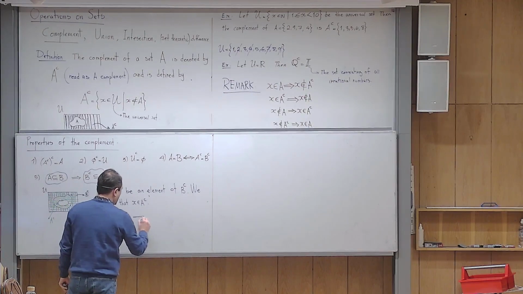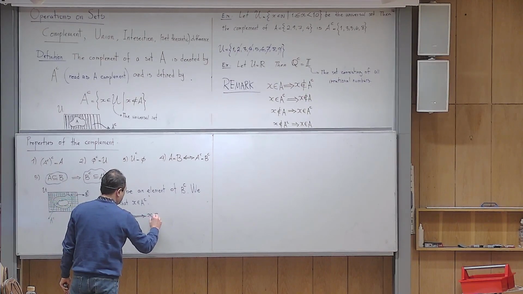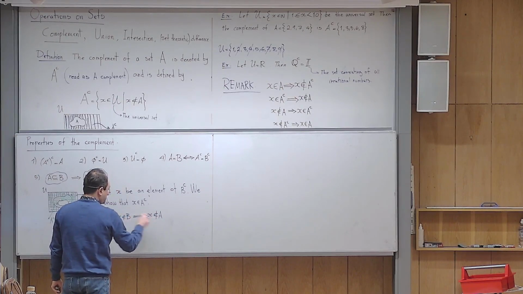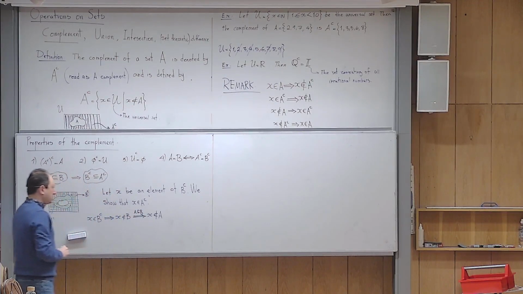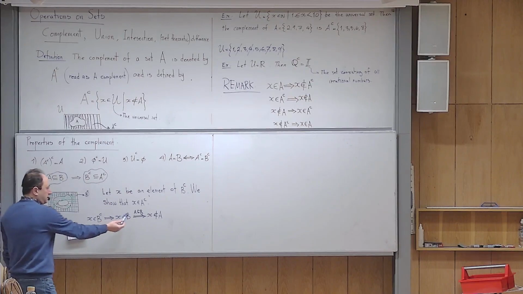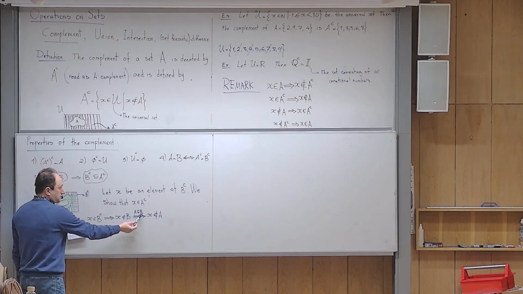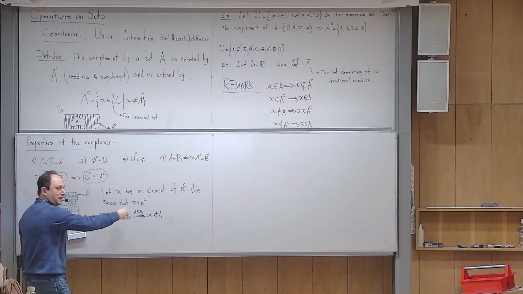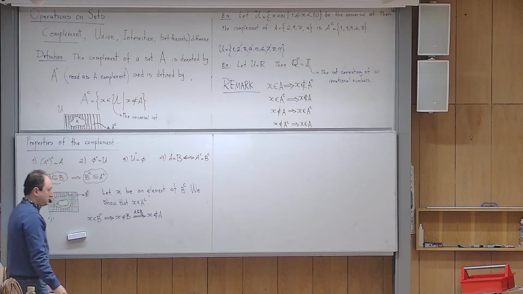So I can conclude that X is not in A. This is not always true, but the reason this is true is because I have this assumption that A is a subset of B. On the one hand A is a subset of B. On the other hand, I know X is an element which is not in B. So it cannot be in A either, yes? Because if it is in A, then it has to be in B as well.